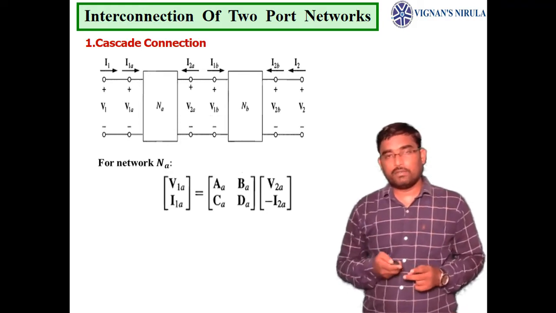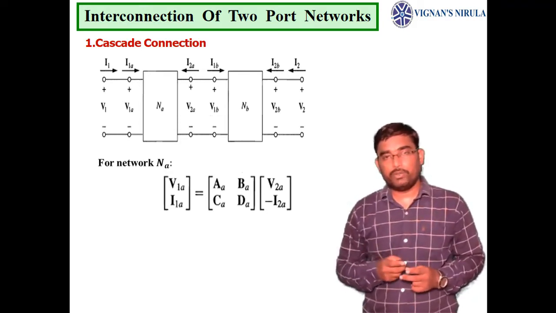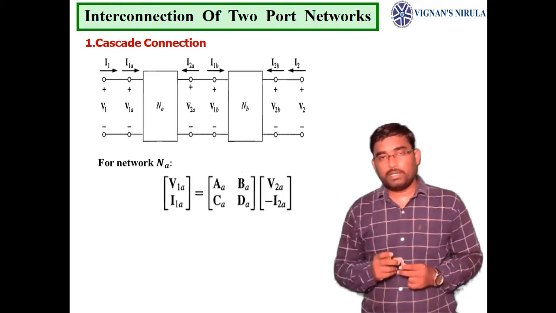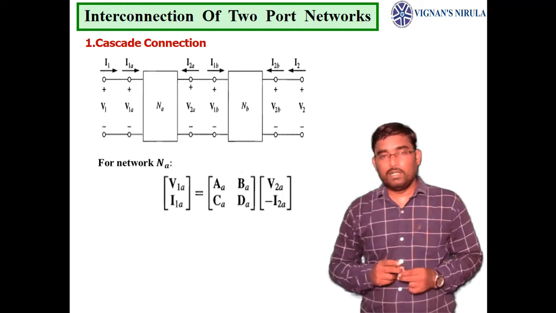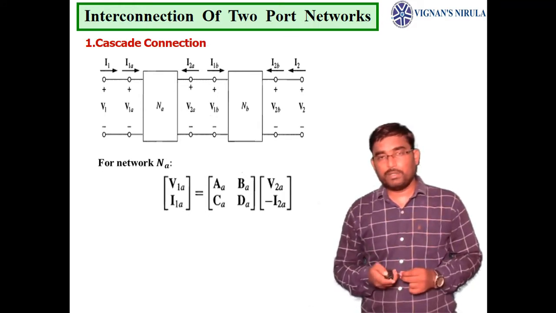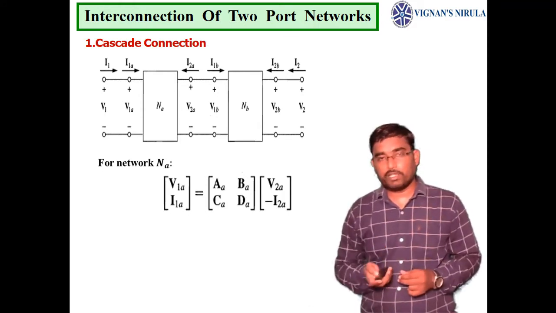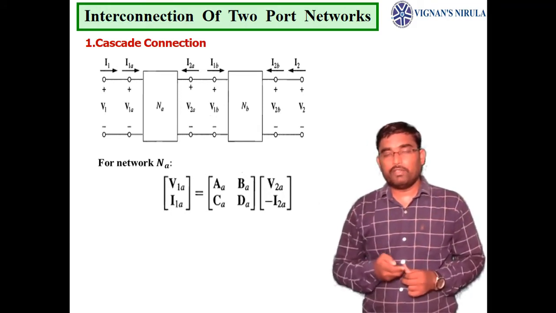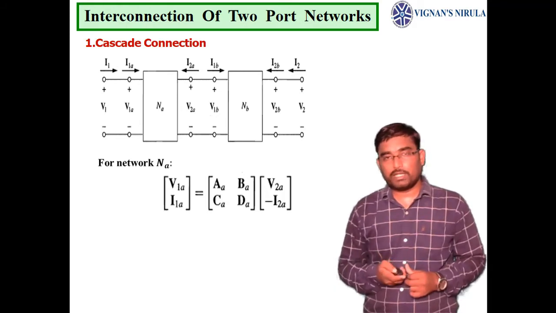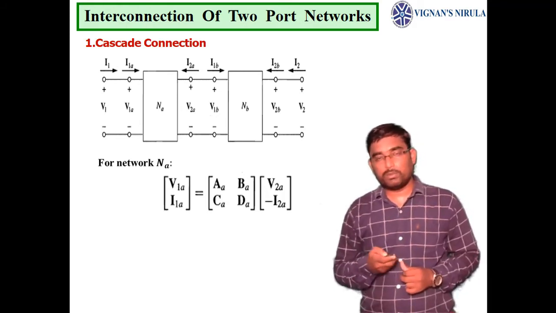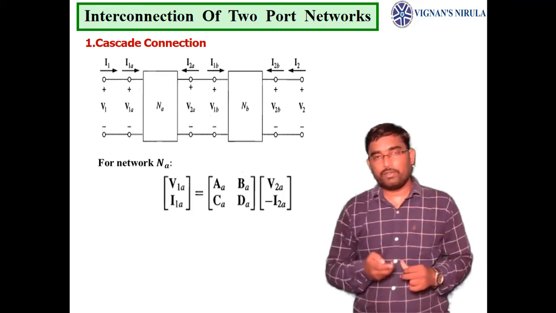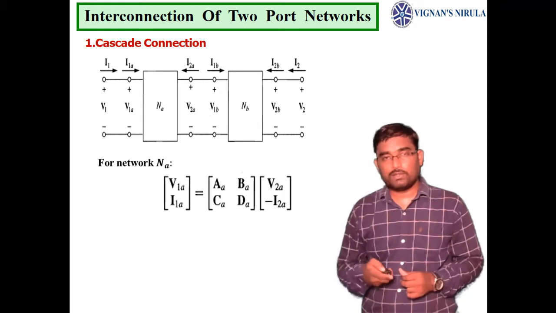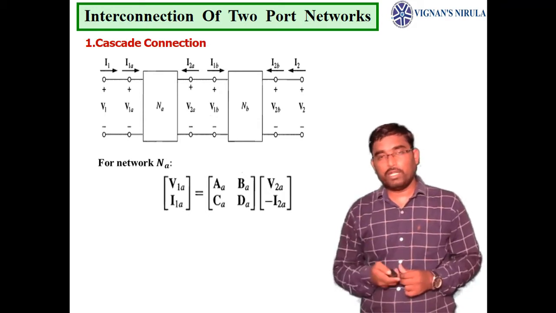In the analysis of cascade connection of two-port networks, we need to use the ABCD parameters into consideration. Further, we are taking the ABCD parametric equations for network A and network B. For network A, writing the ABCD parametric equations in matrix form, V1A, I1A, the port 1 voltage and port 1 current of network A in terms of port 2 voltage and port 2 current of network A, can be written as [V1A, I1A] equals [AA, BA; CA, DA], which are the ABCD parameters of network A, into [V2A, minus I2A].